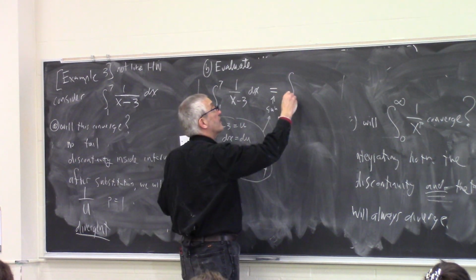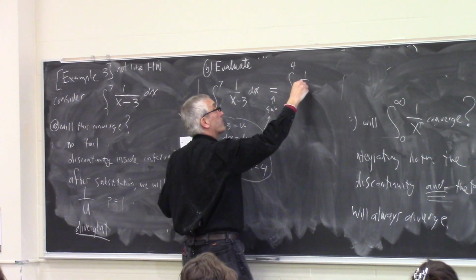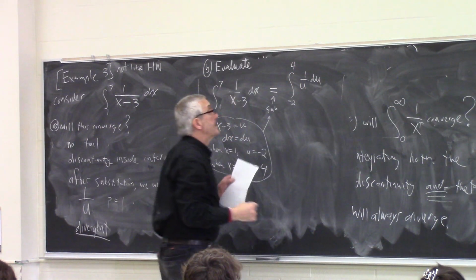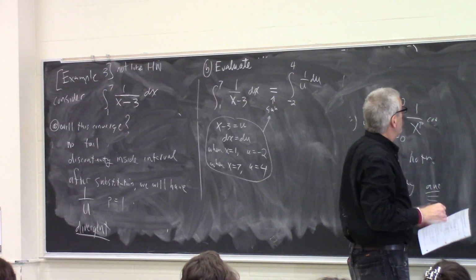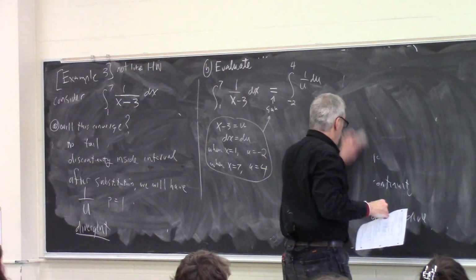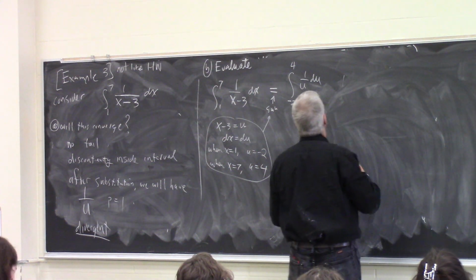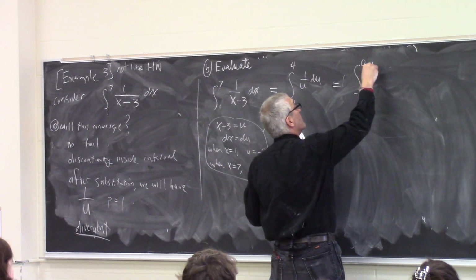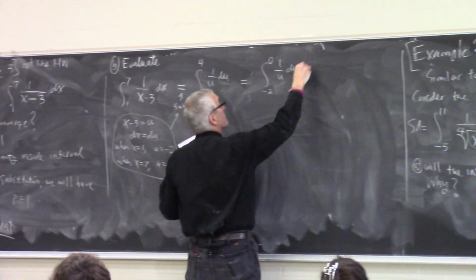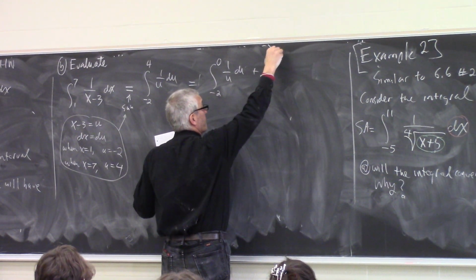So we end up with the integral from minus 2 to 4 of 1 over u. Now, this has to be broken up into 2 separate integrals. Minus 2 to 0 plus the integral from 0 to 4.